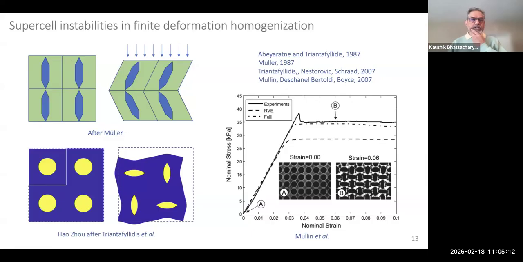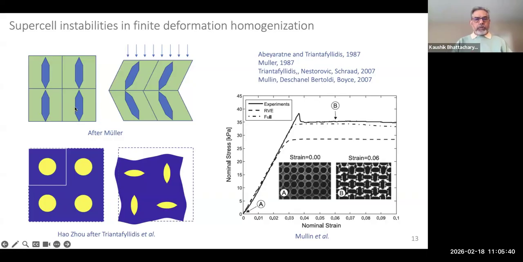So how do I deal with this? Is it true that at small deformation, the behavior is always given by a single unit cell, even in the finite case? In other words, if you look at this experiment, for example, you have to apply a certain load before you have this kind of period doubling instability. So the question is, is that generally true?